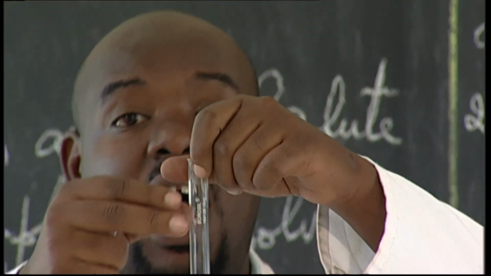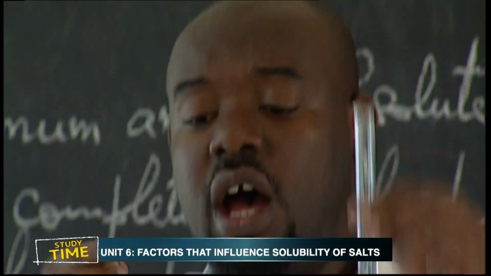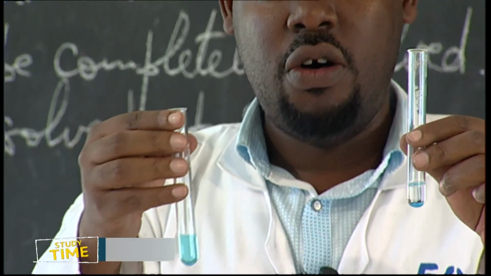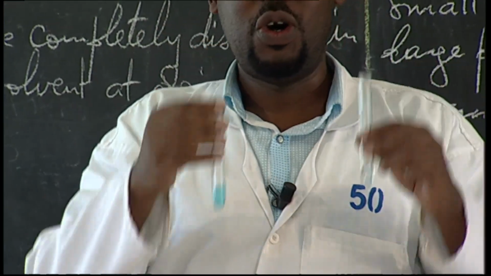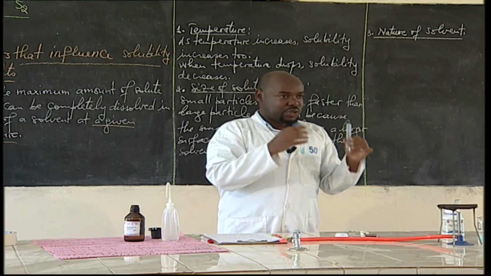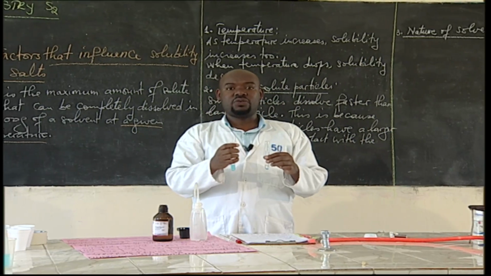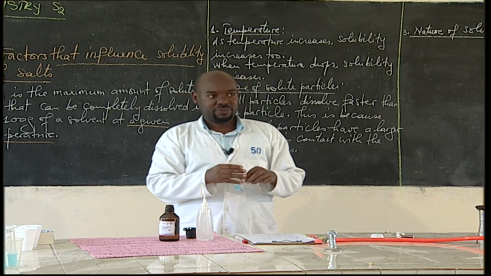Why? Because we have an organic solvent. This is hexane, and this is water. So depending on the nature of your solvent, a solute can dissolve or not. Salts are soluble in inorganic solvents, but insoluble in organic solvents.